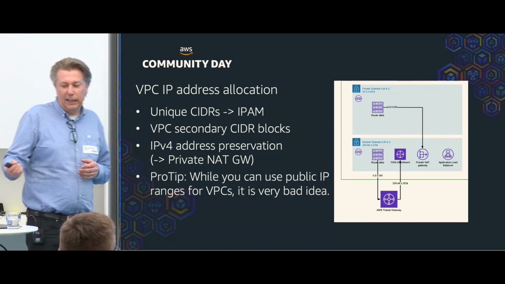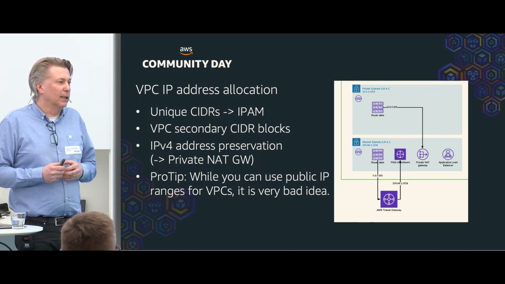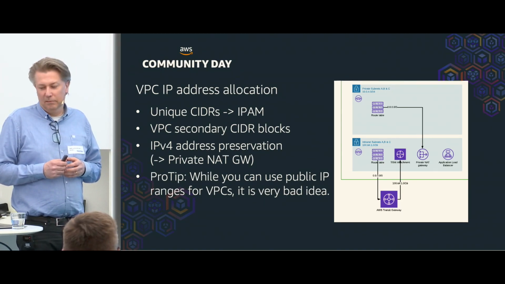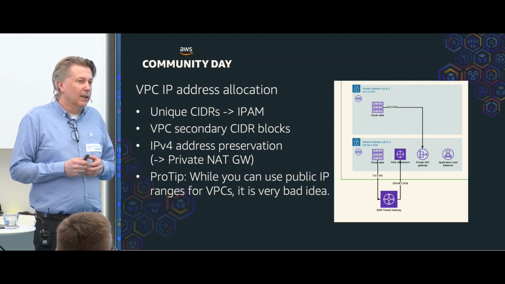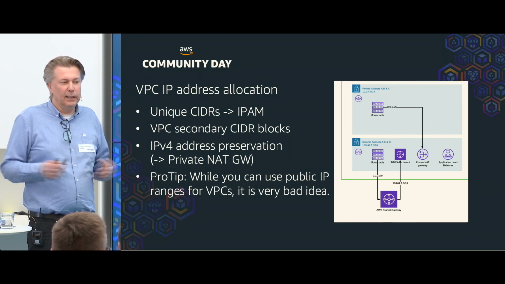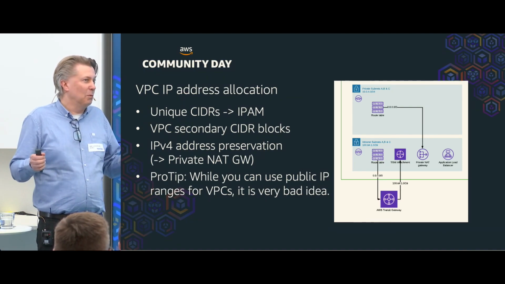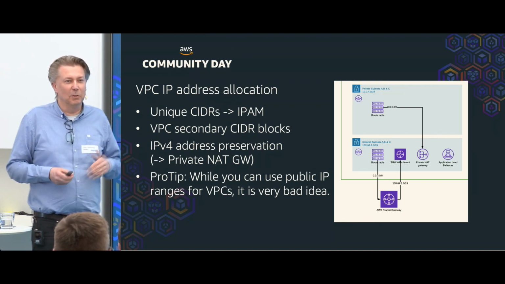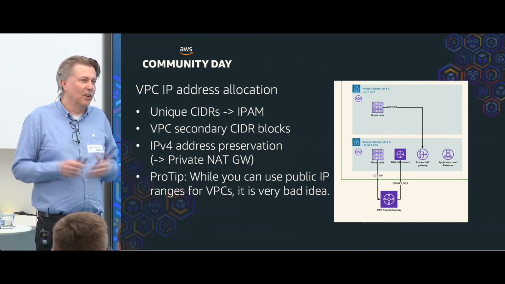And then last, the obvious pro tip: while you can use publicly routable IP addresses in your VPC, don't do that. It's an extremely bad idea. It will make your routing extremely complex, and besides that, it will also break some of the Amazon services, so they don't work for you, and then you go, okay, I did everything according to the manual. I even read the manual this time, and it still says it doesn't work.